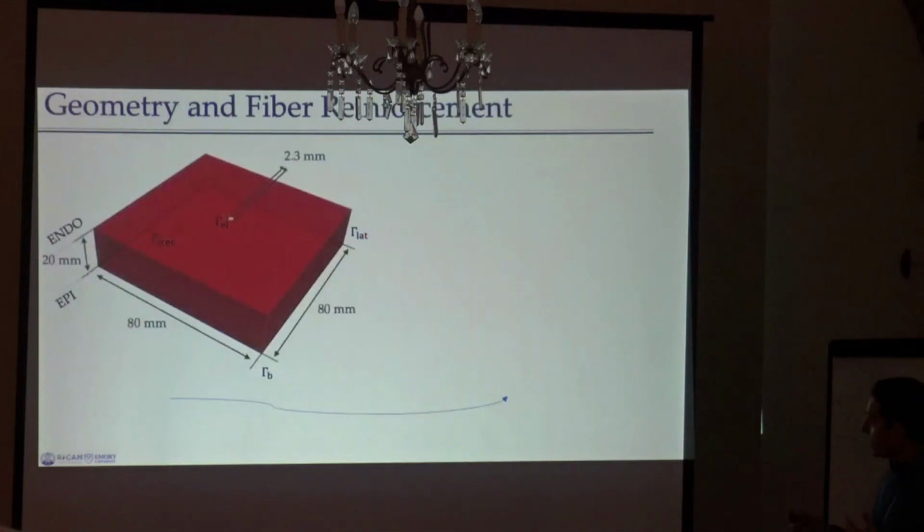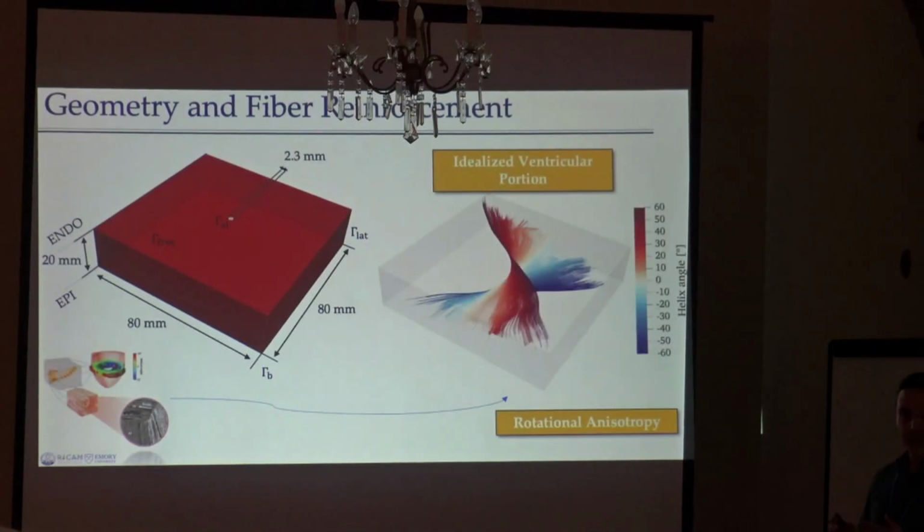In order to start, we of course start simple. So we take an idealized geometry, which has representative dimensions of a ventricle, so 8 centimeters by 8 centimeters by 2 centimeters. This is a representative geometry, and this is the aspect ratio with respect to the catheter.